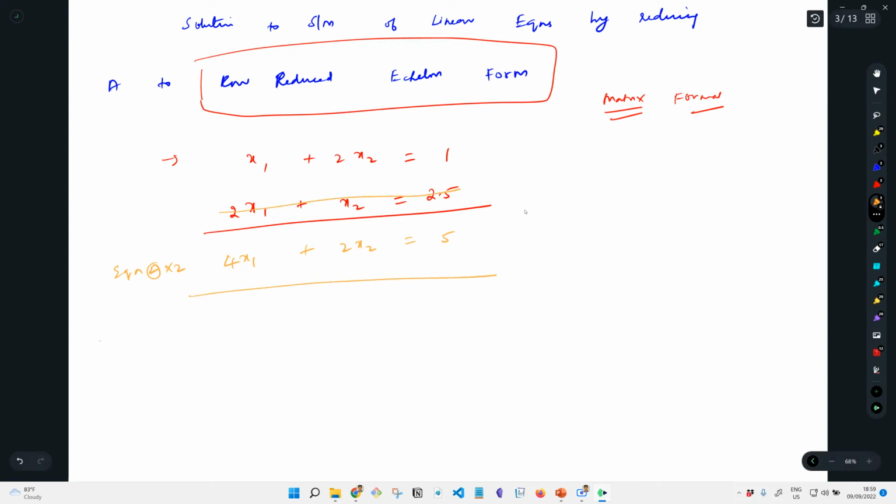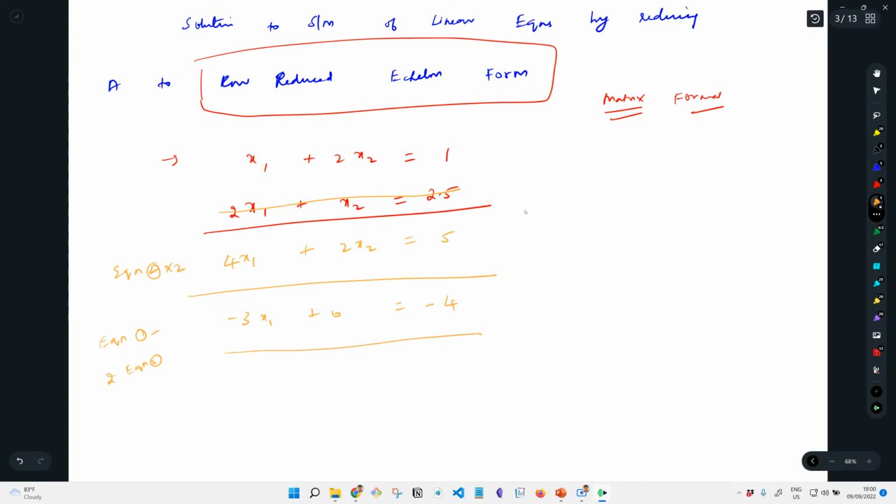Then what you will do is equation 1 minus 2 times equation 2. Then equation 1 minus 2 times equation 2 is minus 3 times x1 plus 0 equals minus 4.